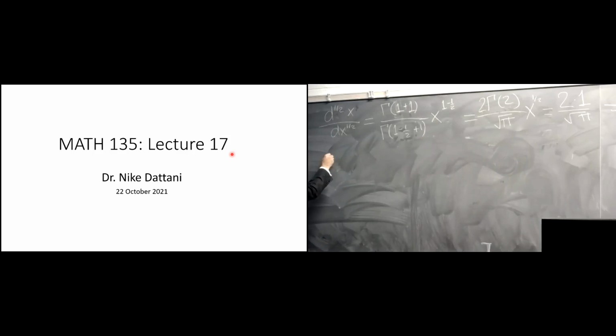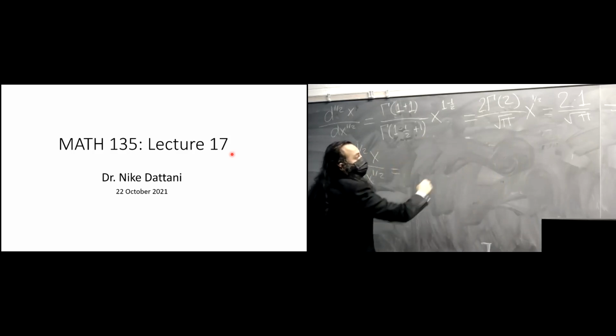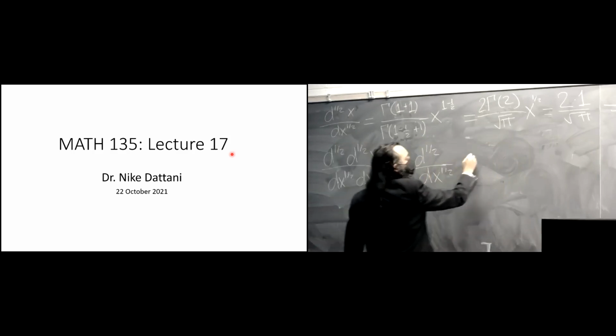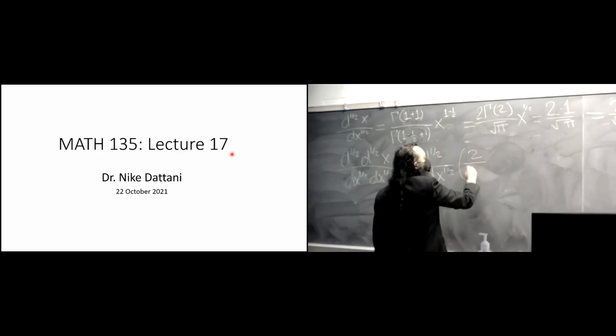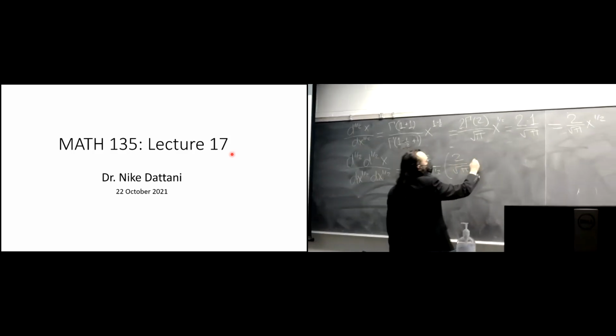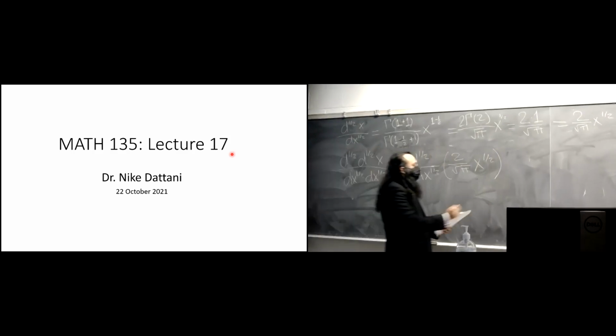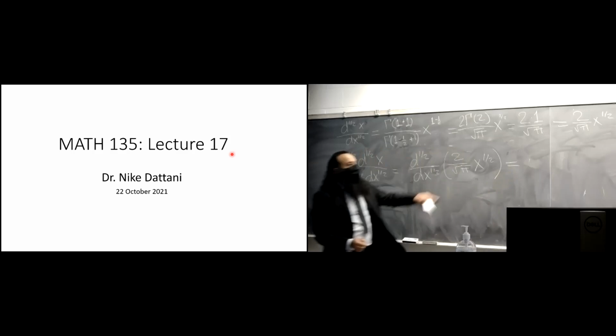So let's now do the half derivative of the half derivative of x. And the half derivative is already 2 over root pi times x to the 1/2, right? So what's the first thing we can do here?